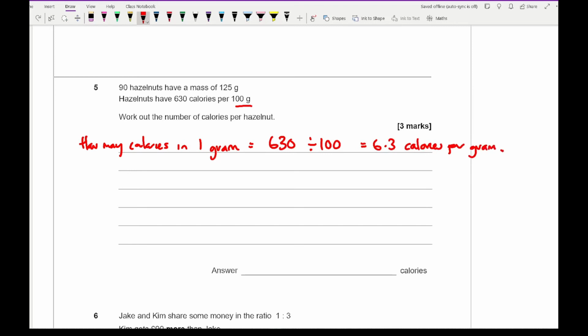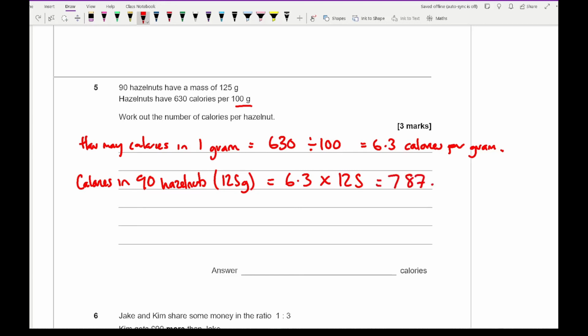Now what I've then got is 90 hazelnuts. So the calories in 90 hazelnuts, which is basically 125 grams, is going to be 3.6 times 125. Now if I do that, what do I get? Well, let me just quickly type that into a calculator. So 3.6 times 125, and that gives me an answer of 450.